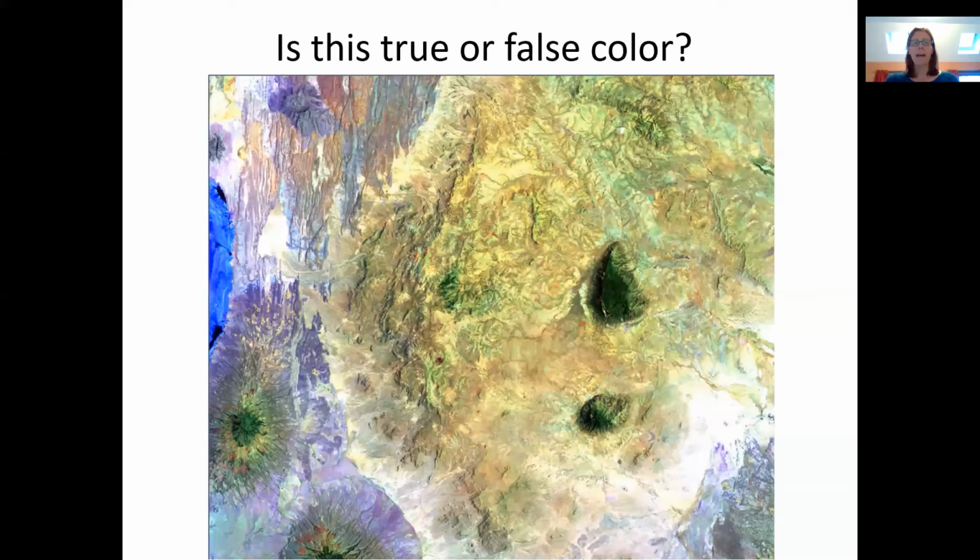So you can see from this how we can use not only true color, or an aerial photograph or an image set to what our eye can see, but we can also use this broader set of available wavelengths to try to characterize what's going on here.